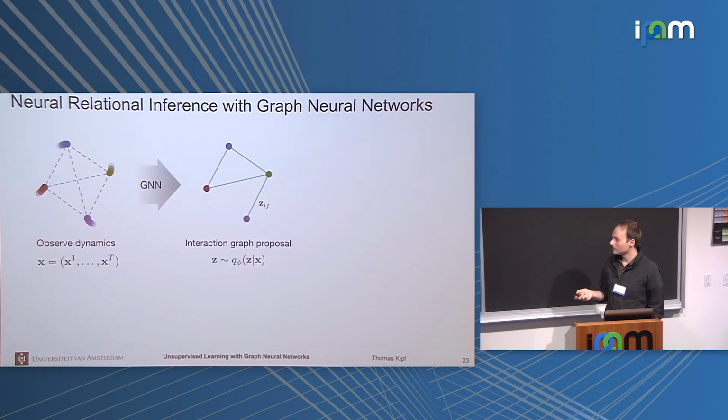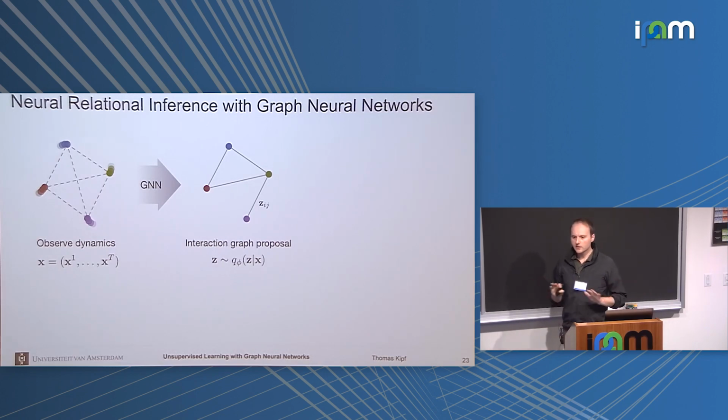Here you have a proposal model that runs a graph neural network on the initial fully connected graph, and you don't know anything about how things are interacting, and it proposes an interaction graph. So you have a model that tries to predict the graph from some non-graph structured data.